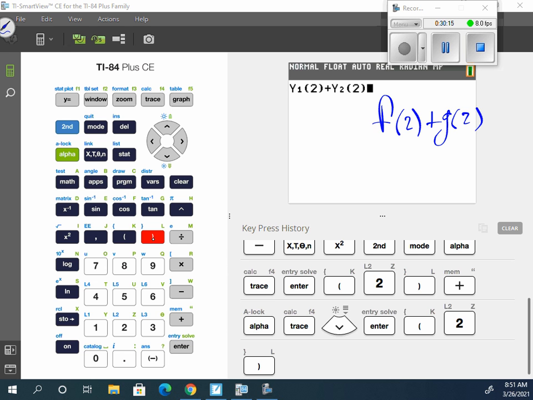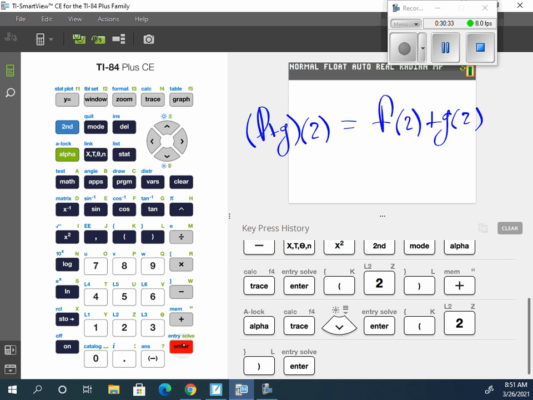Well, this is the same as saying f plus g of 2, yes? So if I want to evaluate f plus g of 2, or f of 2 plus g of 2, we can do this. Now to finish this up, we just need to hit enter. So this here is 3.65 going on out. Questions on this here?